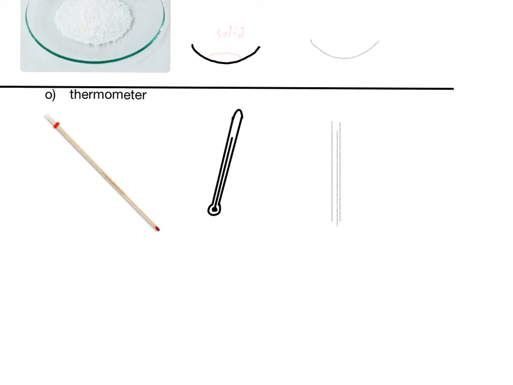Okay, another straight line. And you have a bulb here. Okay, so this is a thermometer, used to measure the temperature of a certain substance properly. Most of the time they're liquid.